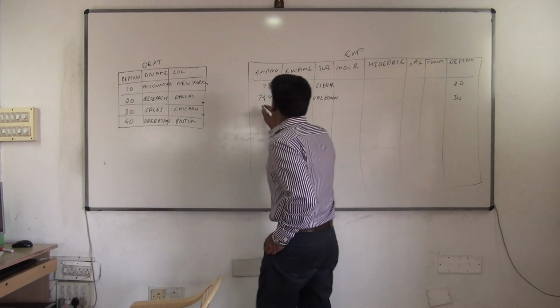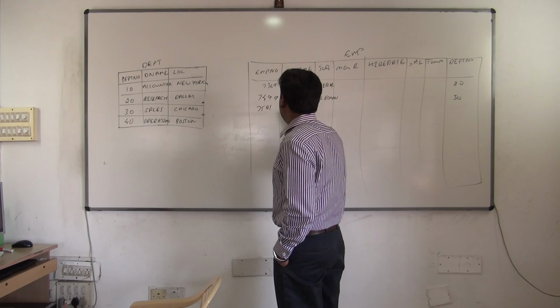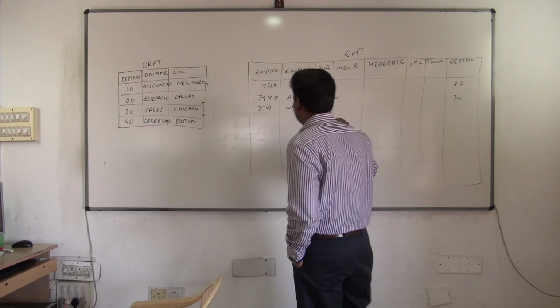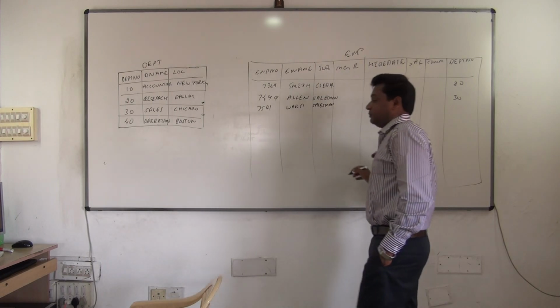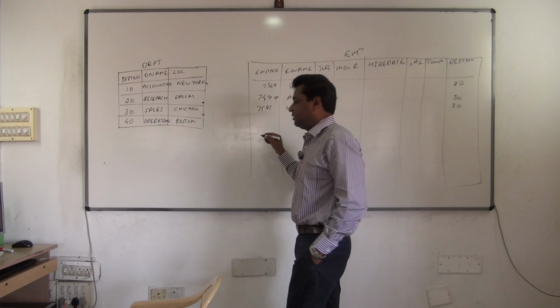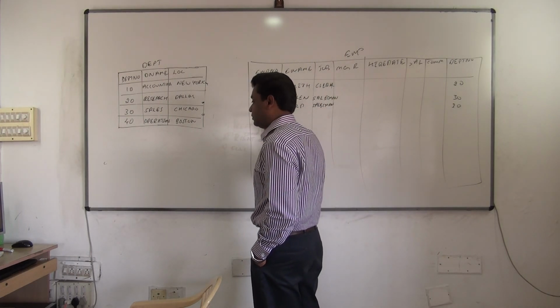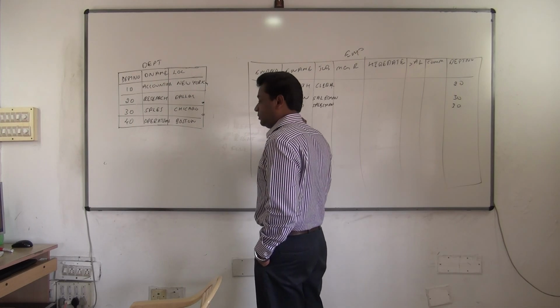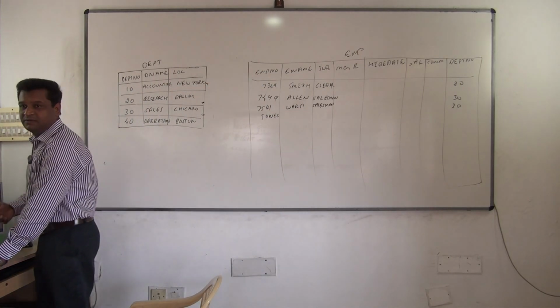The next one would be 7521 Ward. He's also a salesman and he's working for department number 30. Okay, Jones, sorry, 7566. Are you understanding how it works now?